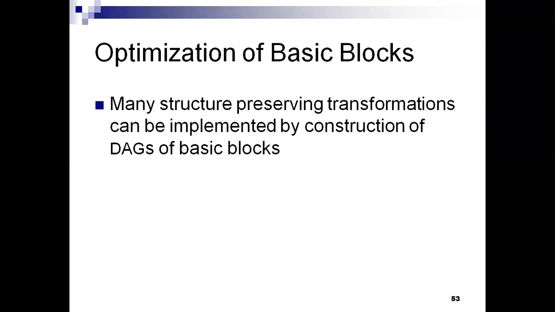A basic block is a sequence of consecutive statements in which the flow of control enters at the beginning and leaves at the end without halt or any possibility of branching. Make a note of this. Then only we can say that it is a basic block.